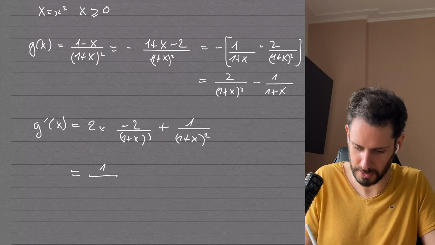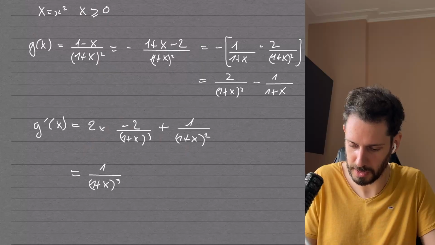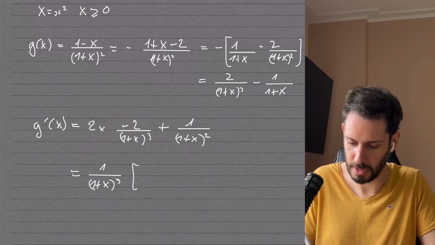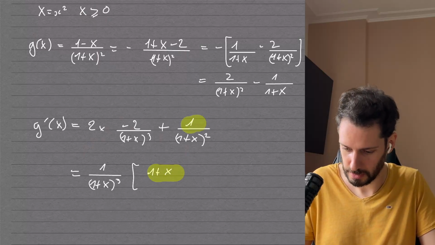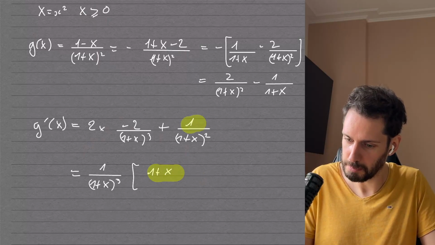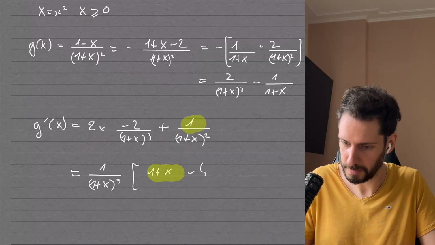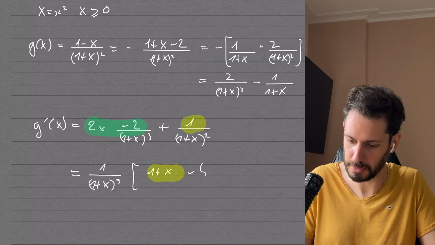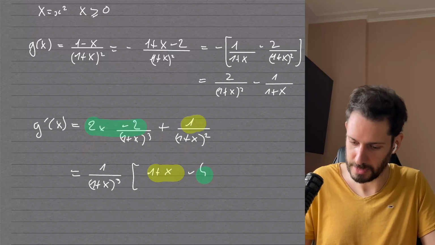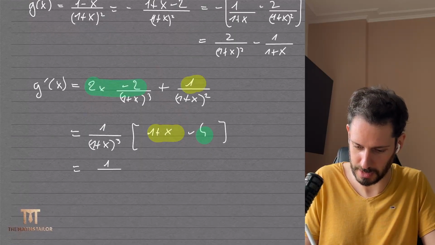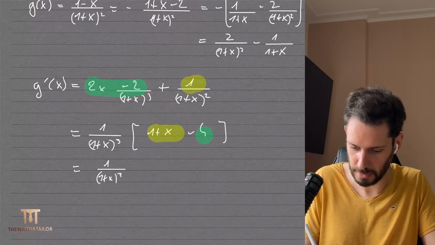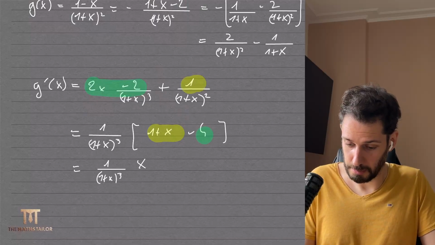So I will do 1 over, since x is positive, I have no issue with the power 3 here. All of this is positive over (1 plus x) cubed, and the numerator is 1 plus x for this one minus 4, oops, sorry, minus 2 from this term here. And so that's what I get, which is kind of interesting. That's 1 over (1 plus x) to the power of 3 times (x minus 3).